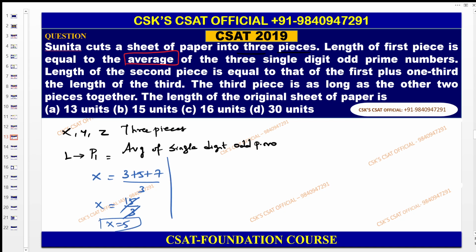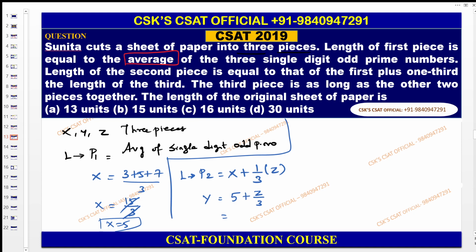Now move to the second one. Length of piece 2 is equal to the first, that means x, plus 1/3 of the third, which is z. So the second one we are taking as y here. The first one is x, which is 5, plus z by 3.